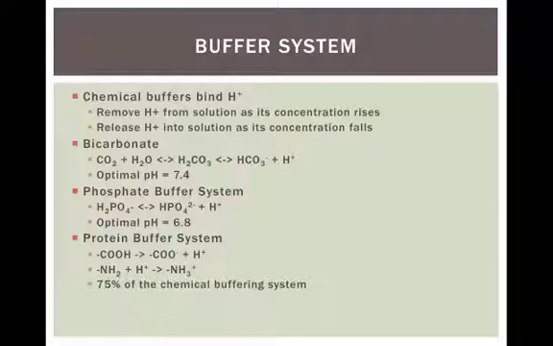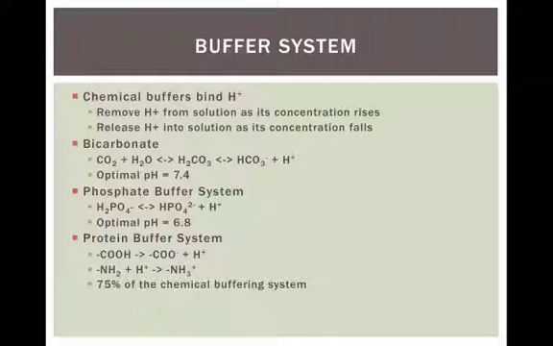It can join together and become H2CO3, and then that can dissociate to form a bicarb and a hydrogen ion. The optimal pH for this one is 7.4. And it works because the lungs and the kidneys are constantly removing CO2, and so it prevents an equilibrium from being reached. So the equation is constantly moving to the left with more H plus being neutralized.